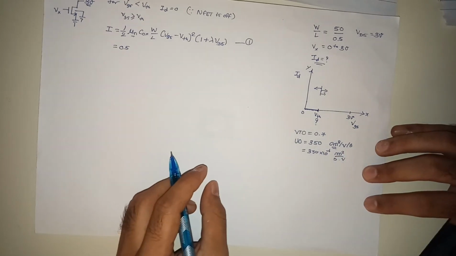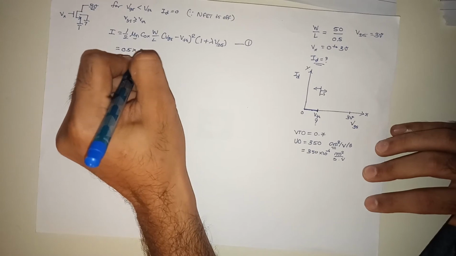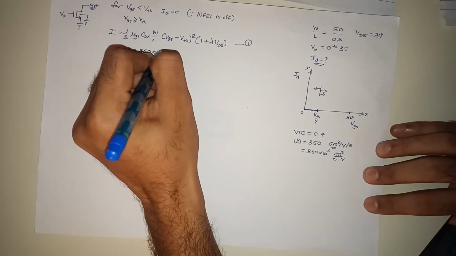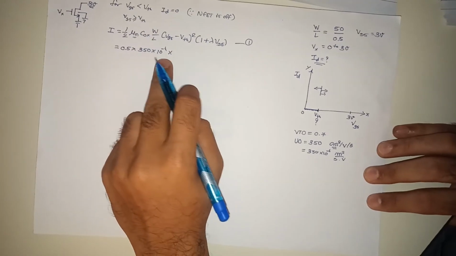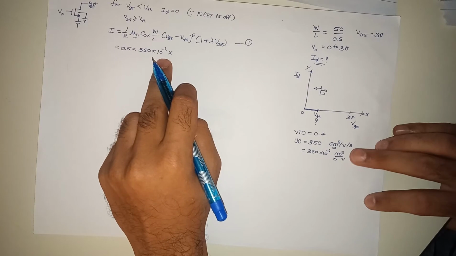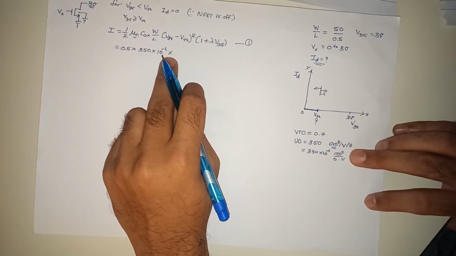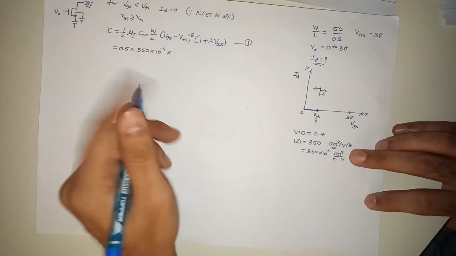Okay, so UO we got. I will put here 350. Remember one thing, if you are converting your unit into common form, you don't need to write unit here. Otherwise, you should write unit here to make sure that your answer will be correct.